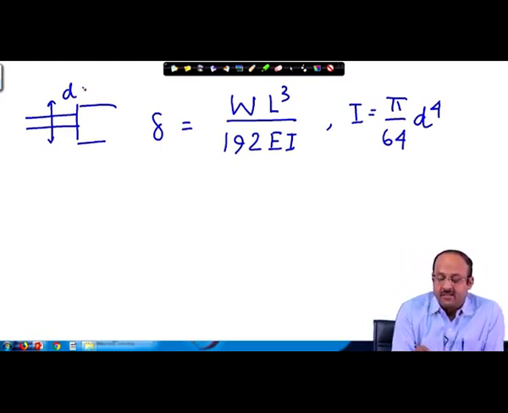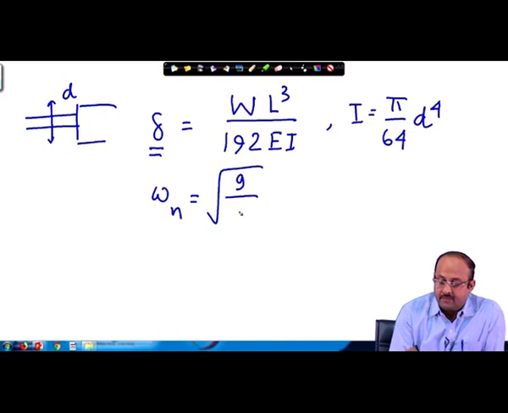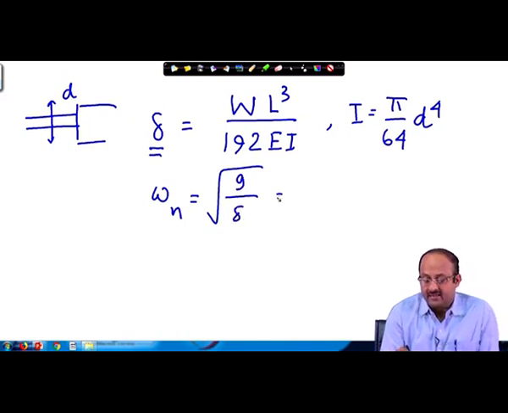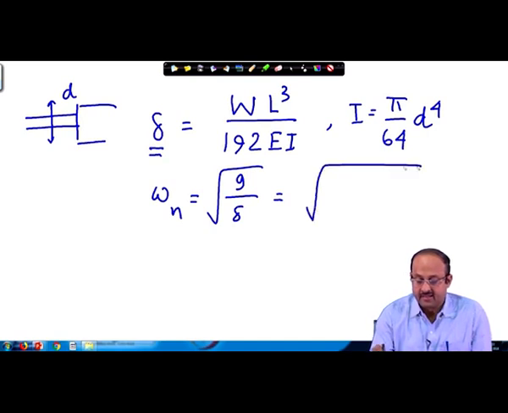Now, if you know this value delta, then we can easily find out the natural frequency omega n, which is equal to g divided by delta, and that will be what we get here, that is 192 E I g divided by W L cube.